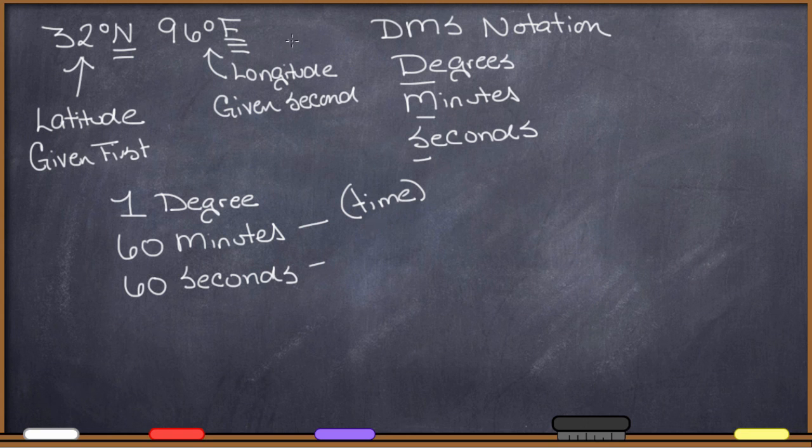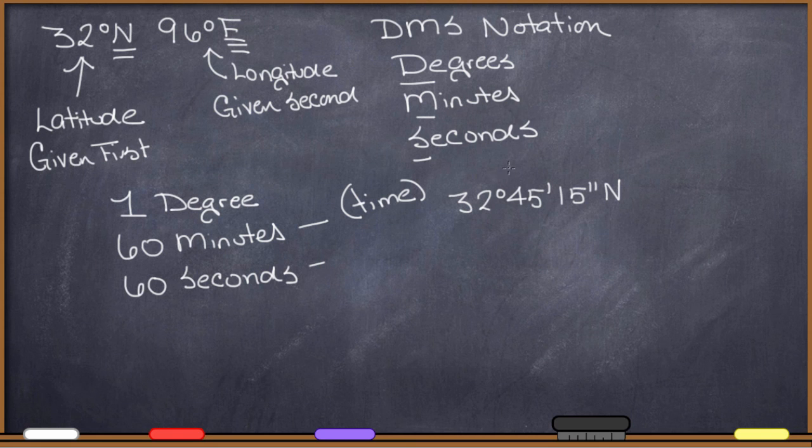And so if you want to get more specific than this, and you're using DMS notation, you might give coordinates that look like this. 32 degrees, 45 minutes, 15 seconds north.